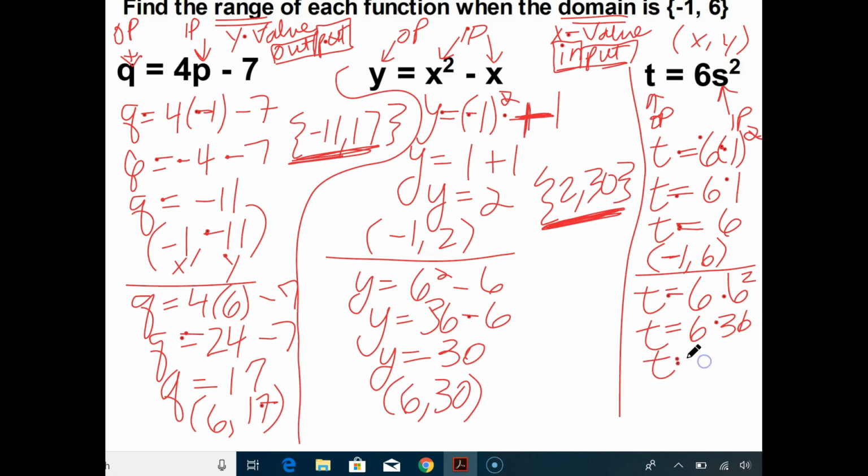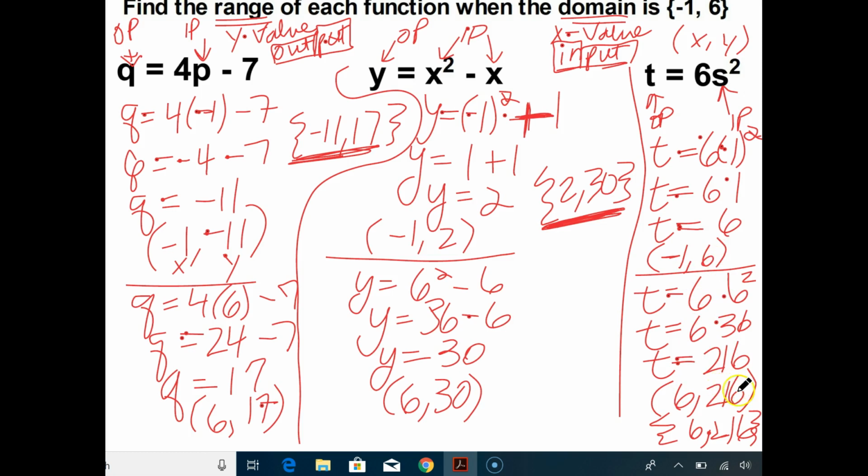And since we know our cubes and squares, 216. So the ordered pair would be (6, 216). So my range for this problem would be 6, 216. Why, you may ask? Because this is the y. Domain, domain, range, range.